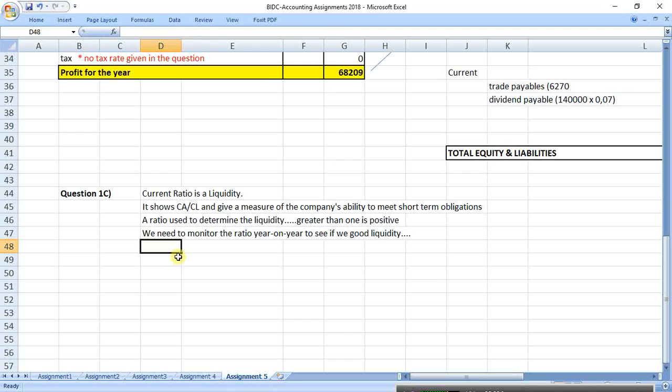Okay, then they give you additional information. They say the directors of M Limited have calculated the current ratio to be 8.87. That's very good. Okay, that means you've got 8 current assets to 1 current liability. They regard the ratio calculated to be too high and are considering repaying debentures.